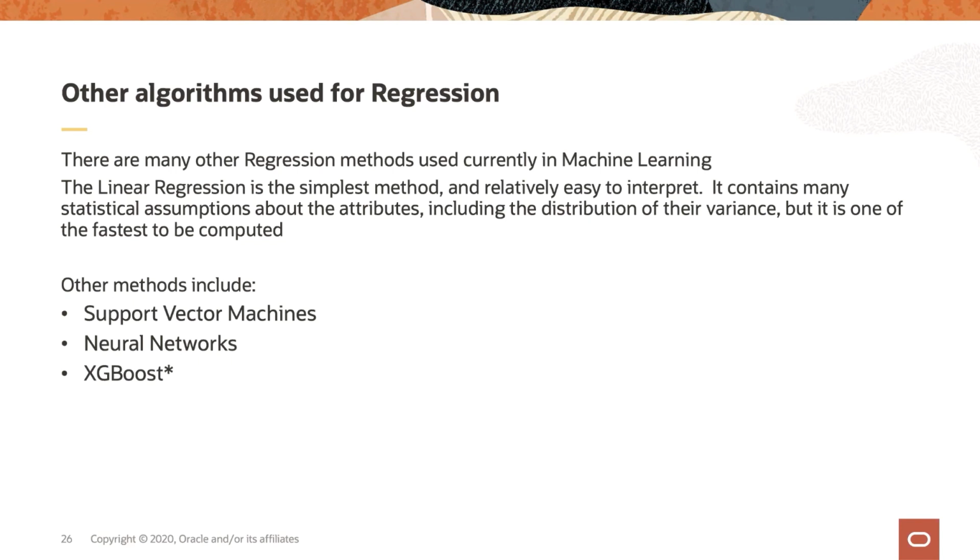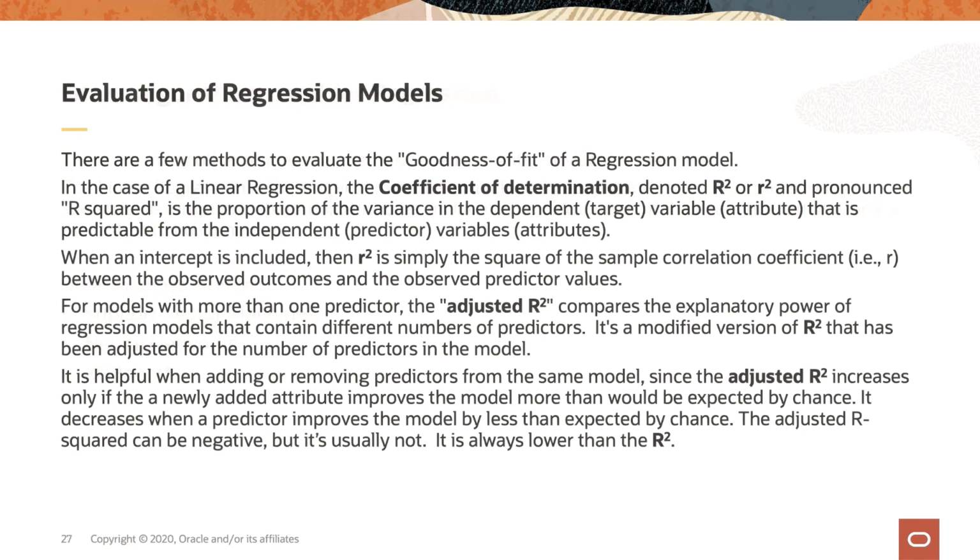So in terms of evaluation, how do we know that a model is good or not? There are a few methods for goodness of fit of a regression. In the case of linear regression, typically you look at the coefficient of determination, the R squared.